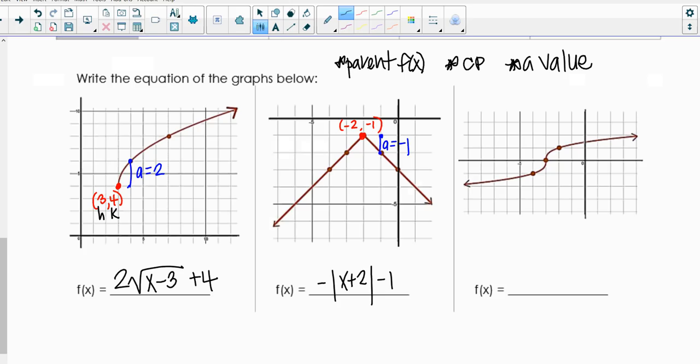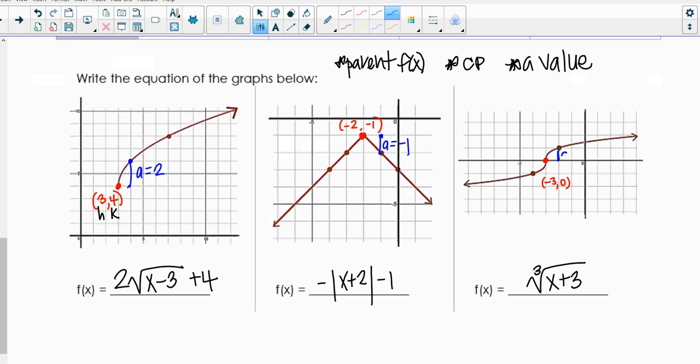Okay. And then over here, my parent function is a cubed root graph. It's the snake. Don't forget the 3 in there. Okay, your critical point here is the point -3, 0. So that means I have x plus 3, but then I don't have a k value, so I don't need it. My A, if I go right 1, up 1, I'm right there.